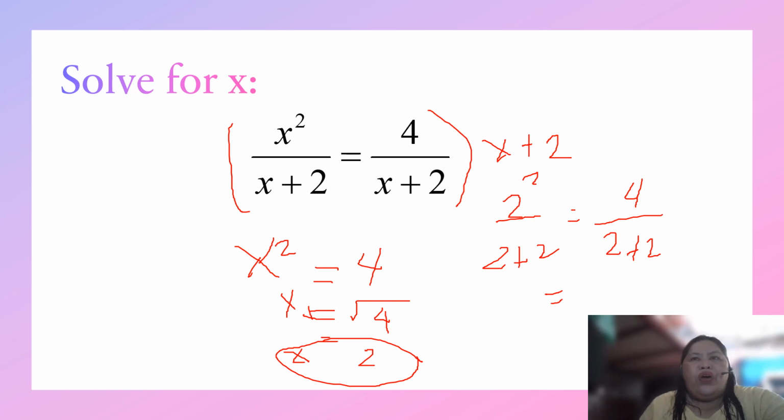So we have 4 over 4. So actually that's 1 is equal to 1. Okay, our answer is correct.